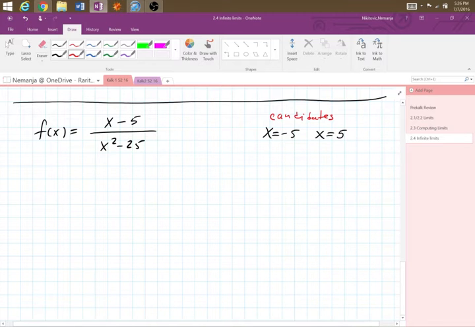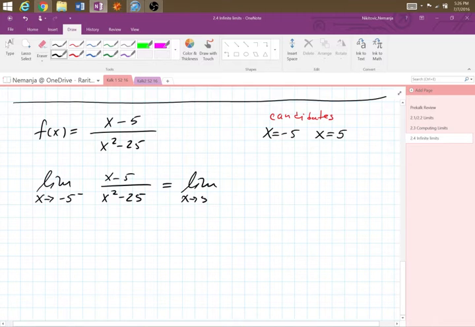All right. So what are we going to do? Let's test it and see. Remember, any of the one-sided limits. So let's go with negative 5 from the left. It really doesn't matter. x minus 5 over x squared minus 25 is equal to what? We are going to do exactly what Lawrence said, and that is negative 5 from the left.